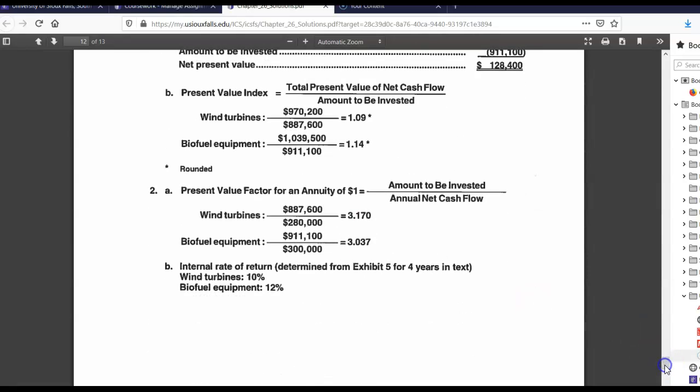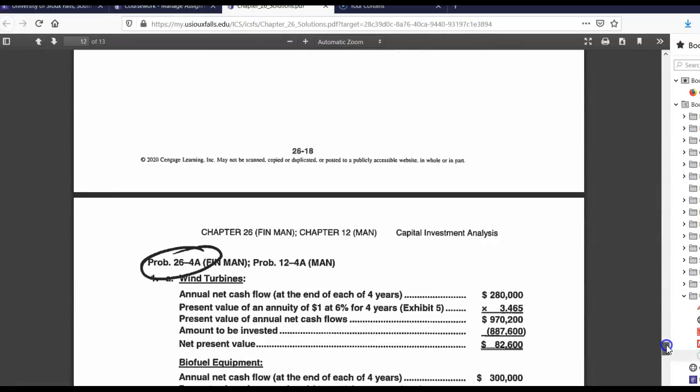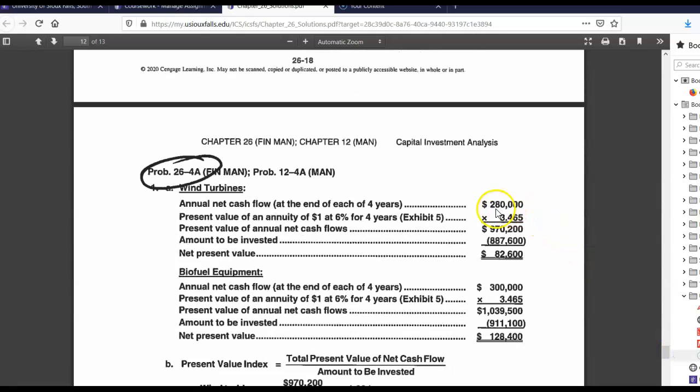Number 2, it asks you to calculate the present value factor. And we remember by saying that factor is really cash payback, amount to be invested divided by the annual cash flows. And we saw up here, the annual cash flows was 280.